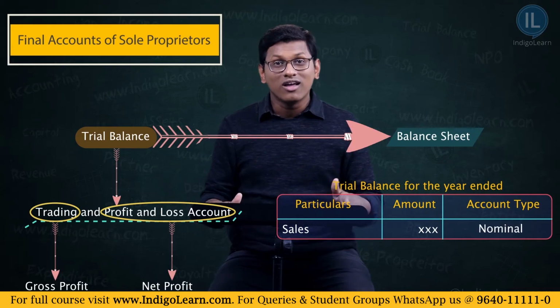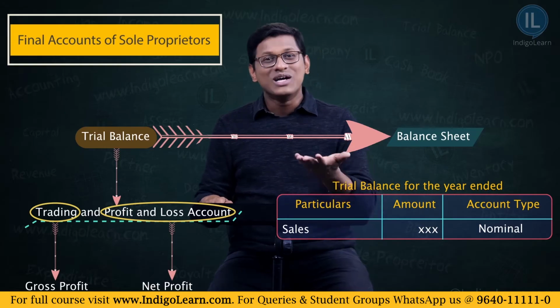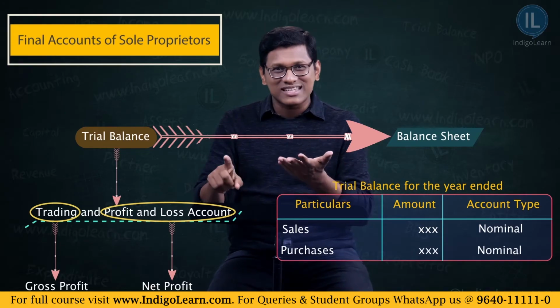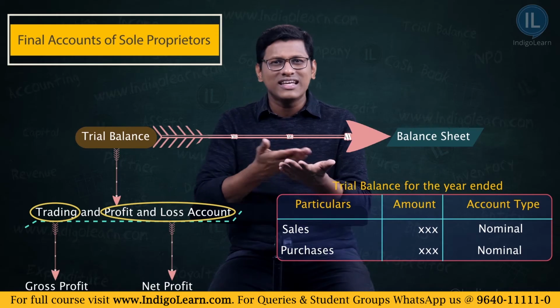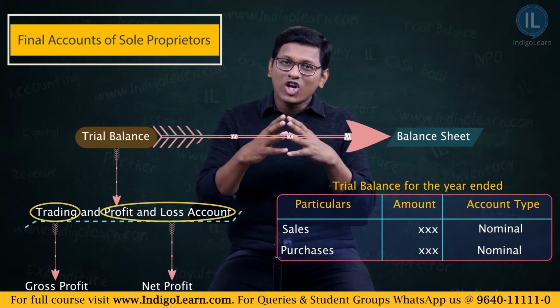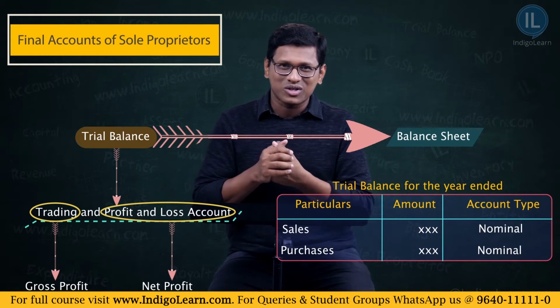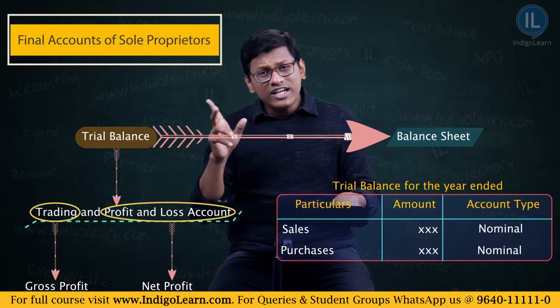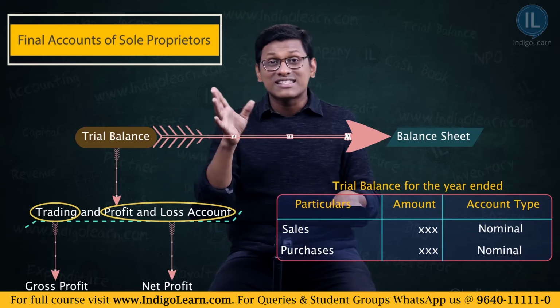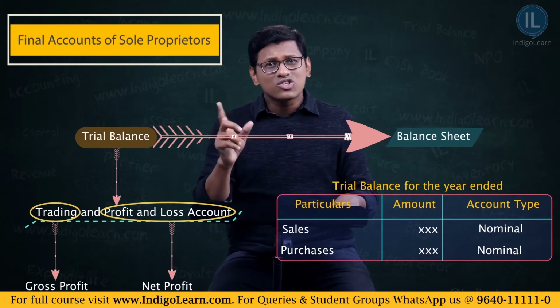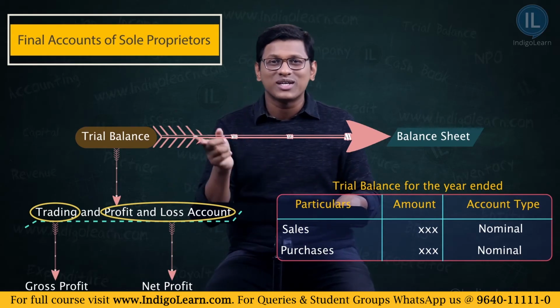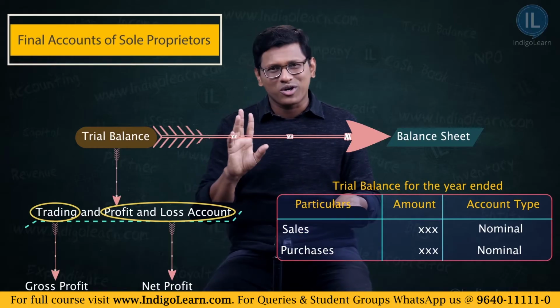Sir, now I recall, the nominal account concept. Sales, purchases, all these expenses are largely nominal accounts. Nominal account items generally go into the trading and profit and loss account. Of course, inventory, how to deal with that, we discussed in the inventory chapter also: how to consider opening inventory, closing inventory, those points we also discussed.